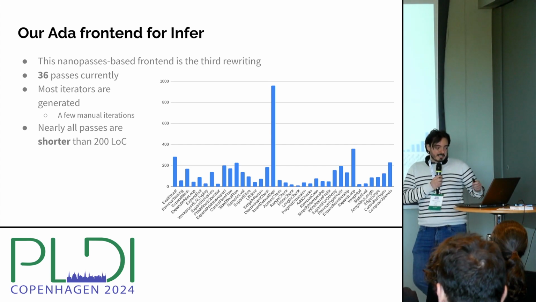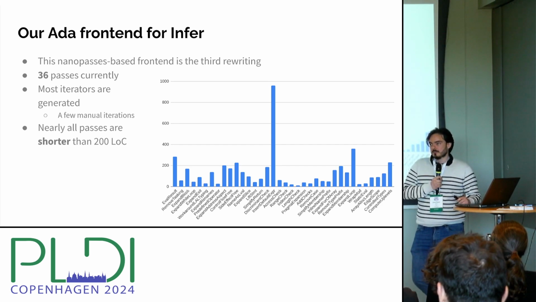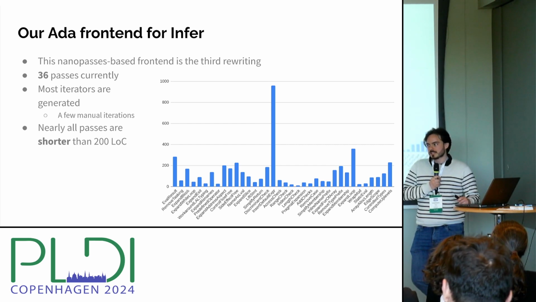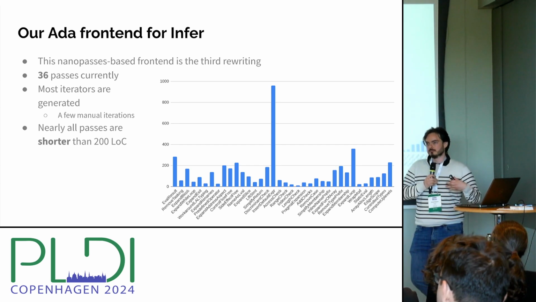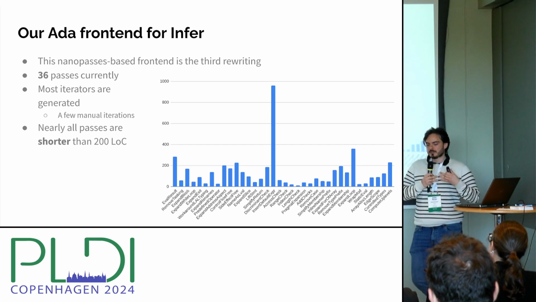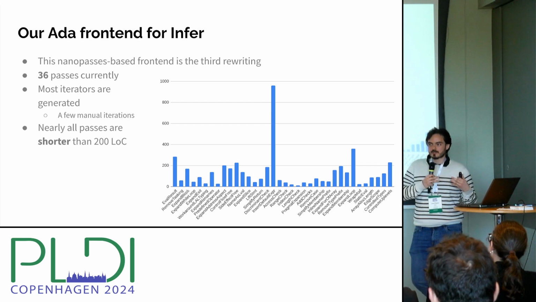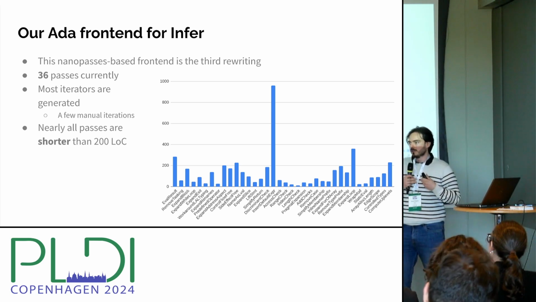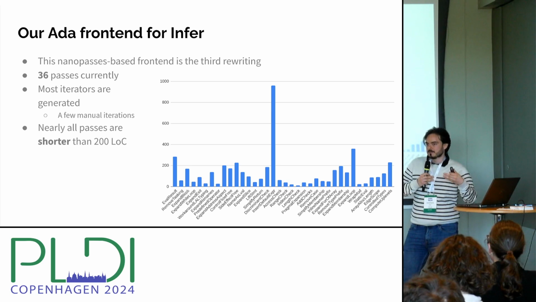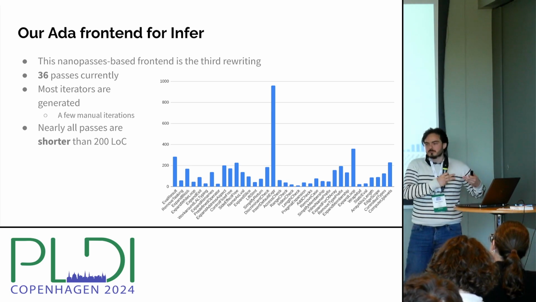And the only pass that is very big is a pass that basically introduces default values for Ada objects, because in Ada, when you have a variable or an object, there are a lot of default values that you need to initialize for them. For example, pointers need to be initialized to null. The developer can specify some default values for some of his types, and so we need to include that code.